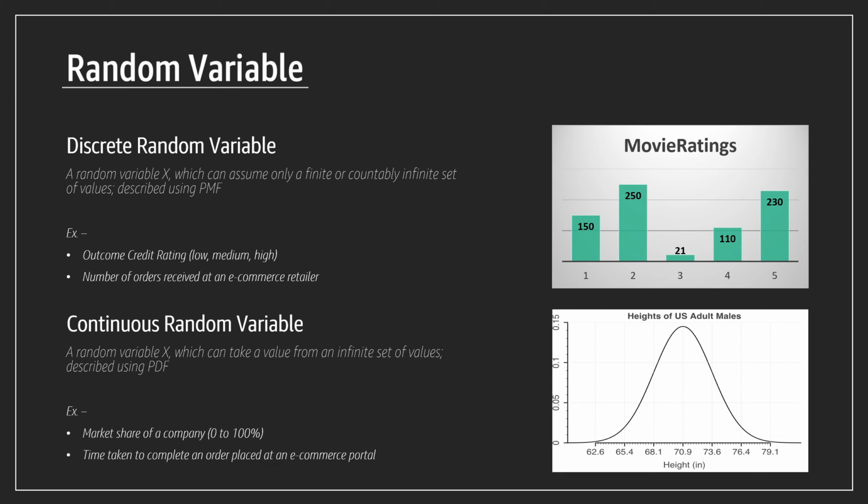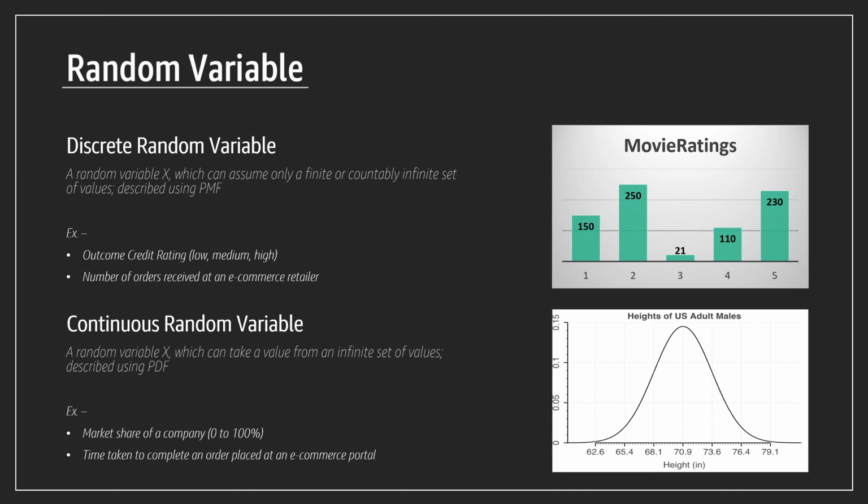Now there are also two types of random variables, so let's move into that. We have a discrete random variable and we have a continuous random variable. A discrete random variable is basically a random variable that can take only a discrete number of values. That's it. It could be a coin toss example, it could be rolling a die, it could be the movie ratings up here, as you can see.